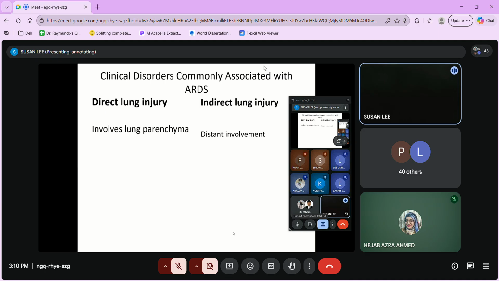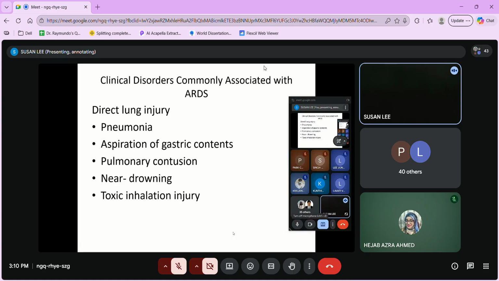Aside from pneumonia, what other conditions can cause direct lung injury that may lead to ARDS? This would be aspiration of gastric contents, contusions to the chest, drowning or near drowning, and inhalation of toxic substances like ammonia.